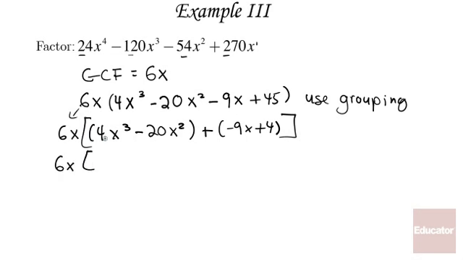For this first set, 4 and 20 have a common factor of 4. The x terms, x squared is the smallest exponent here, so it's going to be 4x squared. Okay.